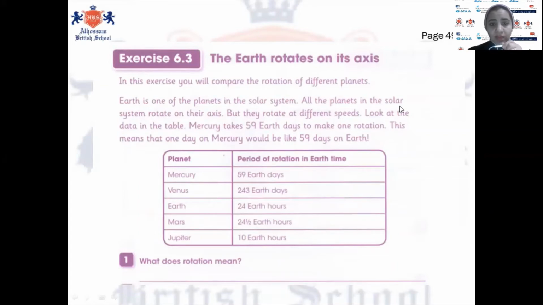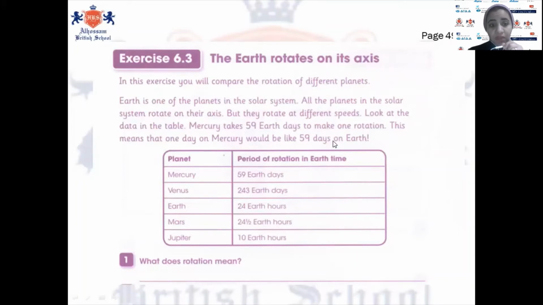All the planets in the solar system rotate on their axis, but they rotate at different speeds. Look at the data in the table. Mercury takes 59 Earth days to make one rotation. This means that one day on Mercury is like 59 days on Earth.